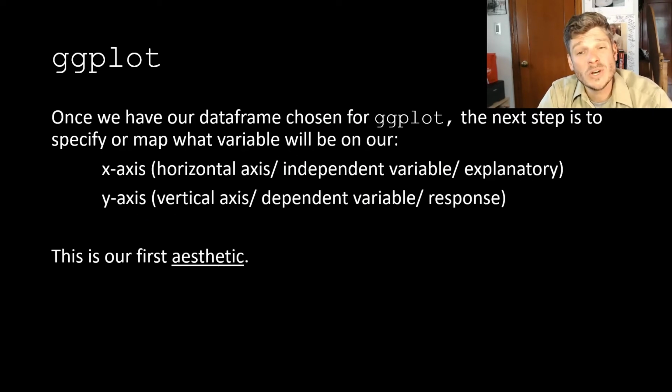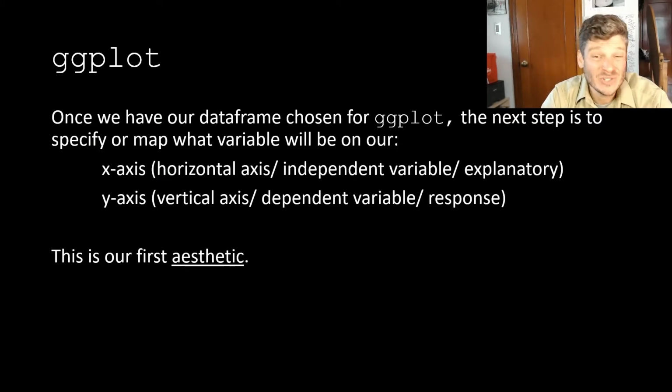Now, once we have our data frame chosen, we need to specify or map what our variables will be. So our x-axis would be our horizontal or independent variable, and that would be, again, typically our explanatory variable. And then we choose our y-axis or our vertical axis to be our dependent variable or our response variable. This is considered our first aesthetic because this is, again, an aesthetic choice on our graph.